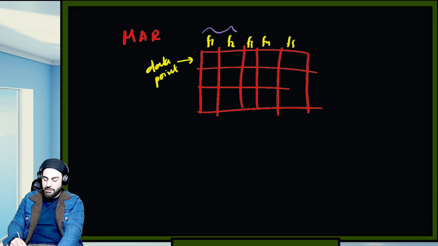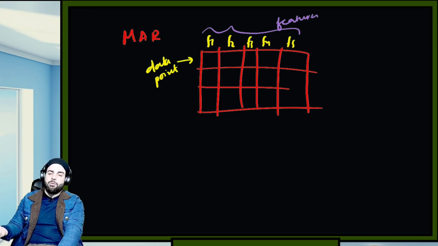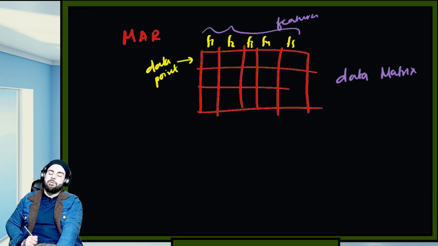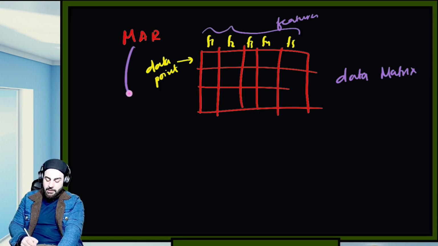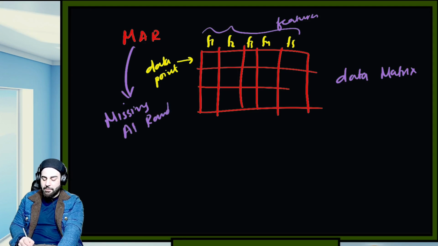These are the features, or independent variables, and then we might have a class if it's a supervised learning setting. So this is a data matrix. Now in MAR, missing at random, not completely at random, you can somehow find a pattern.